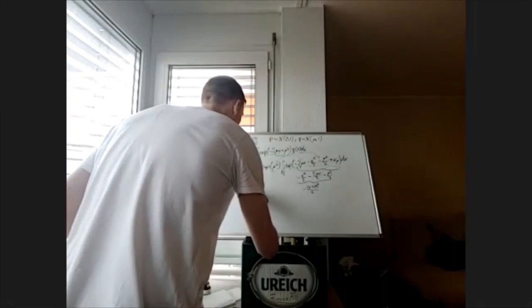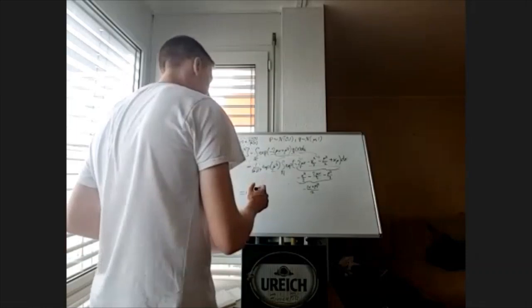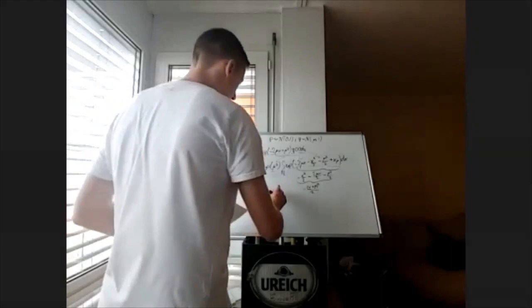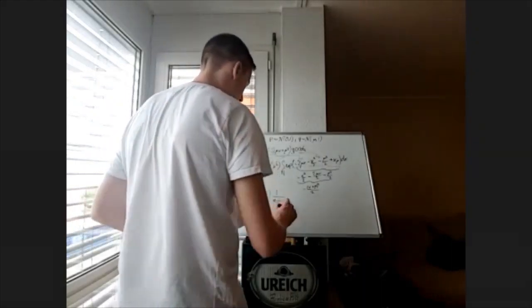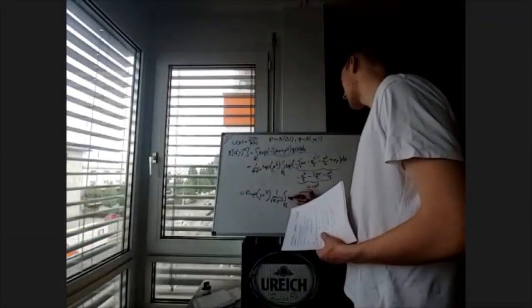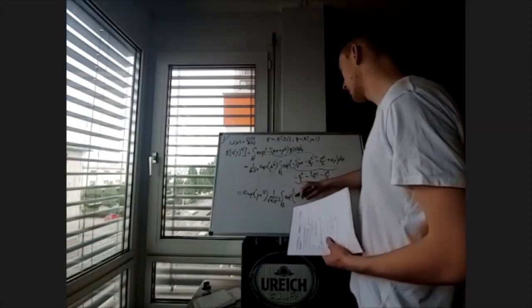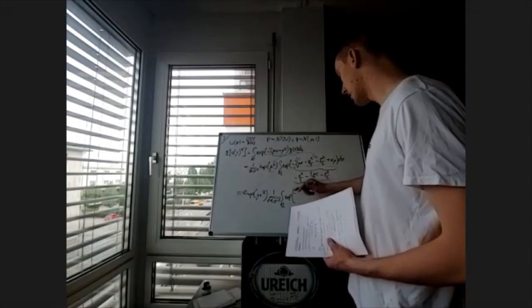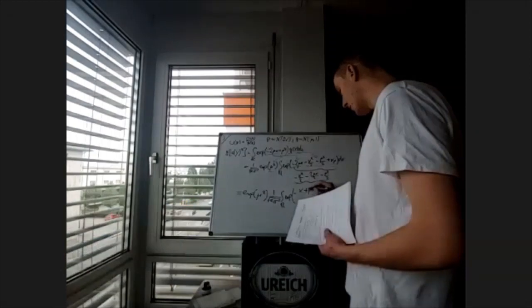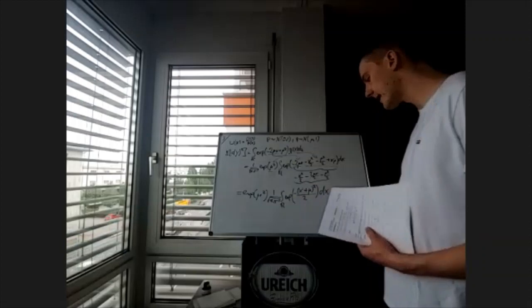So what do we have here now? It's the expectation, exponential value of mu squared times 1 over the square root of 2 pi, the integral of minus x plus mu squared dx.